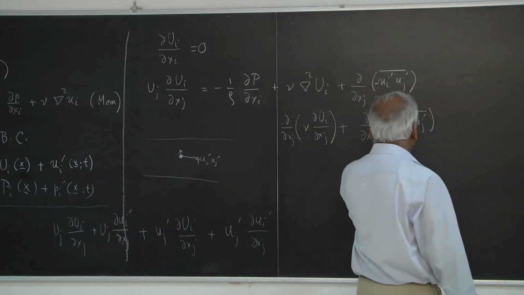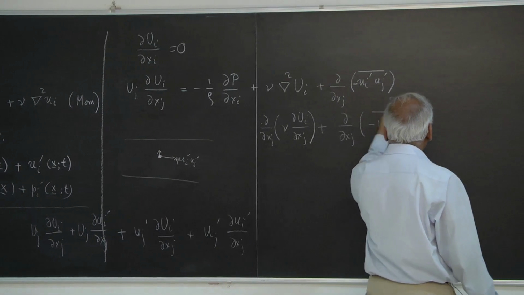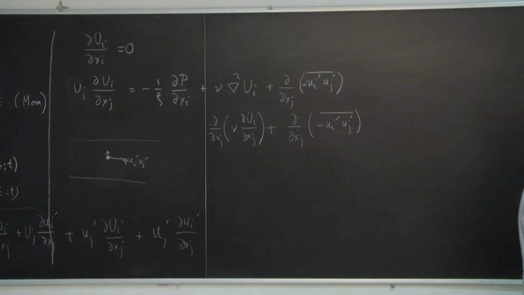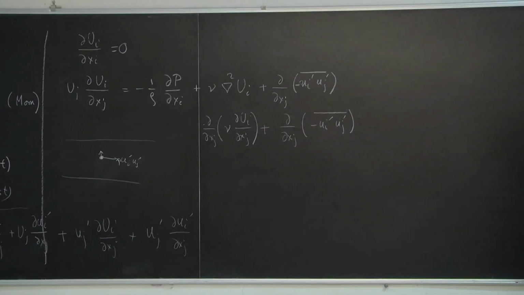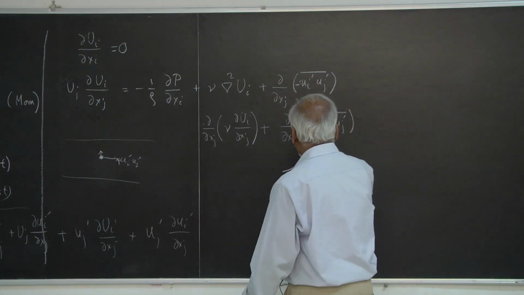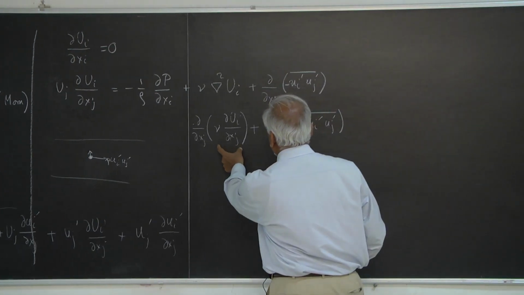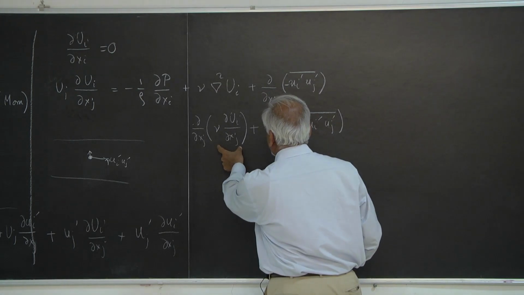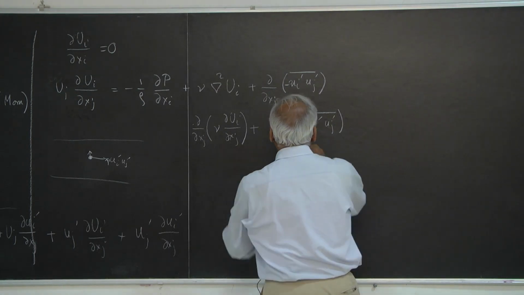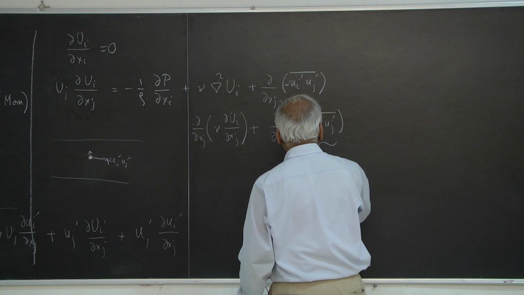And in fact, you have therefore a momentum transport that is accomplished by this fluctuation term, the average value of that. And therefore, in analogy to the fact that it's a viscous stress, you might say this is like a turbulent stress.